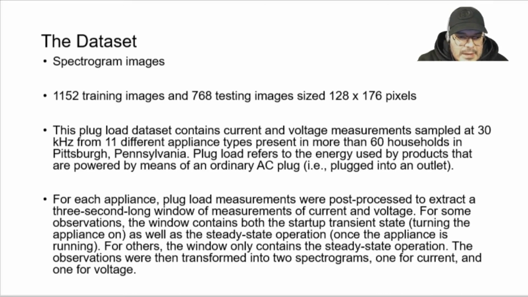Basically it shows the transient state when the appliance is turned on, and then the steady state operation once the appliance is already running, and they have different signatures which you can see on the images. For others, it's just a steady state. Then we have 2 spectrograms per appliance, one for current and one for voltage, and this will be important in treating the data set correctly.